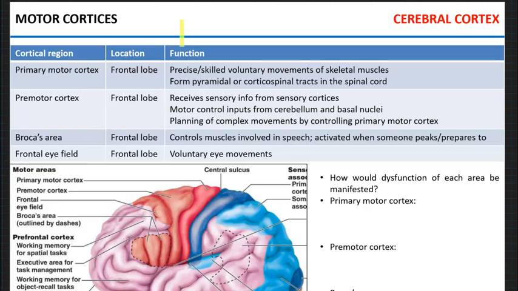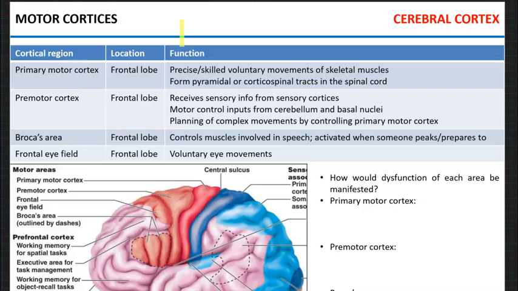So I want to highlight something. Cortices are divided into three main categories. First category is motor cortices. They control movement, and not just movement, specifically the movement that your skeletal muscles produce.